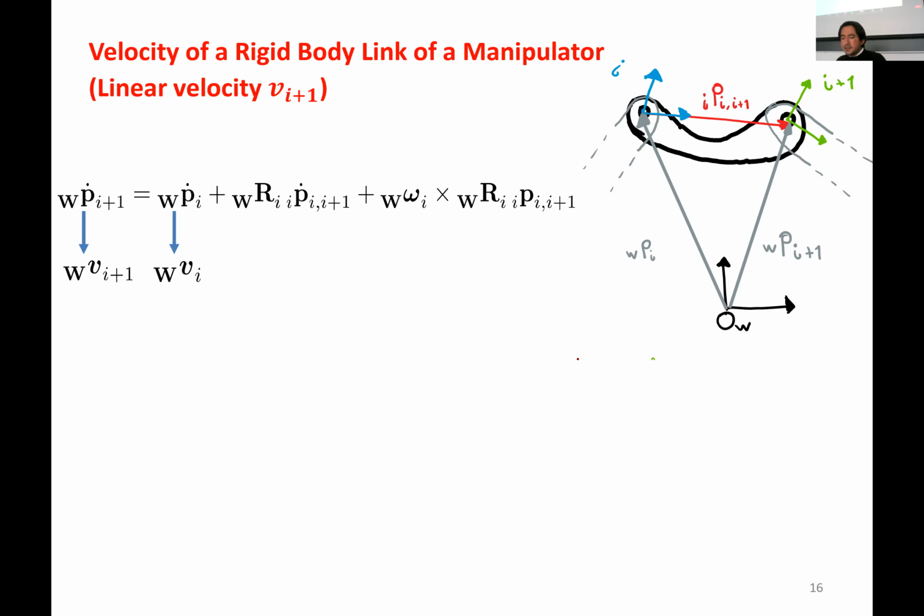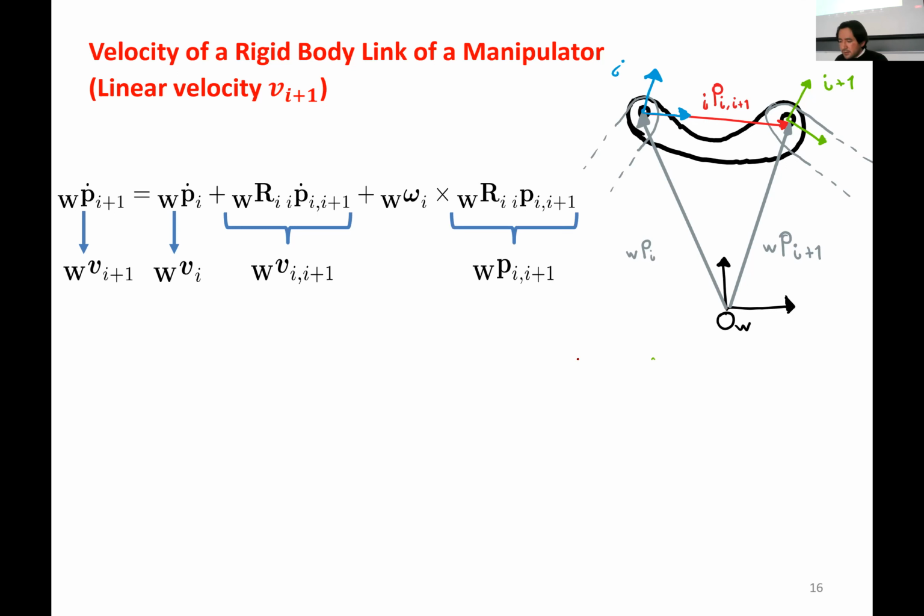Then this is the velocity of point I. Then this expression is just applying a rotation matrix to the vector of velocity expressed in frame I, which takes us to the velocity from joint I to joint I plus 1 expressed in the world frame.